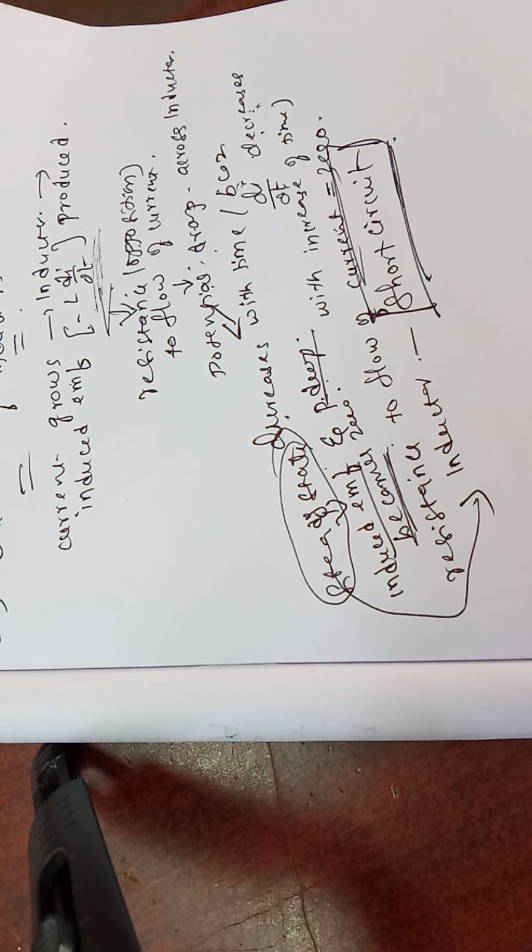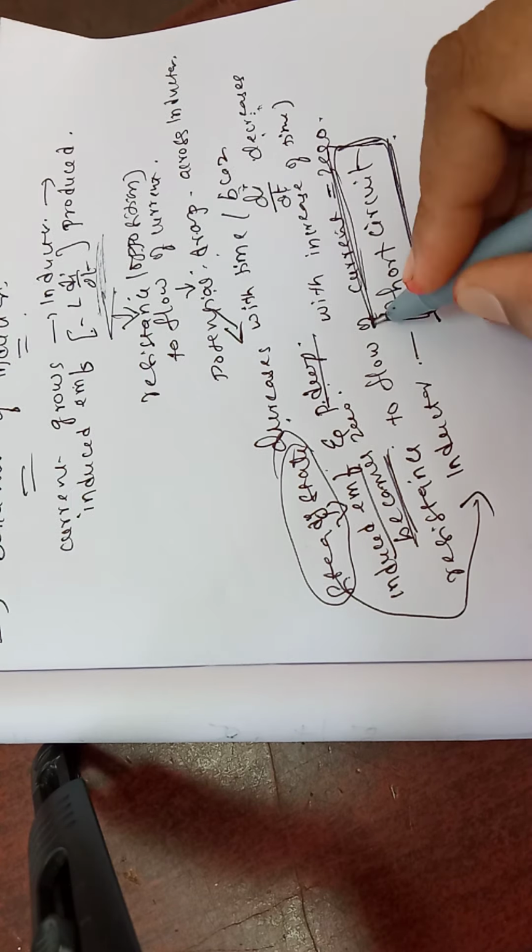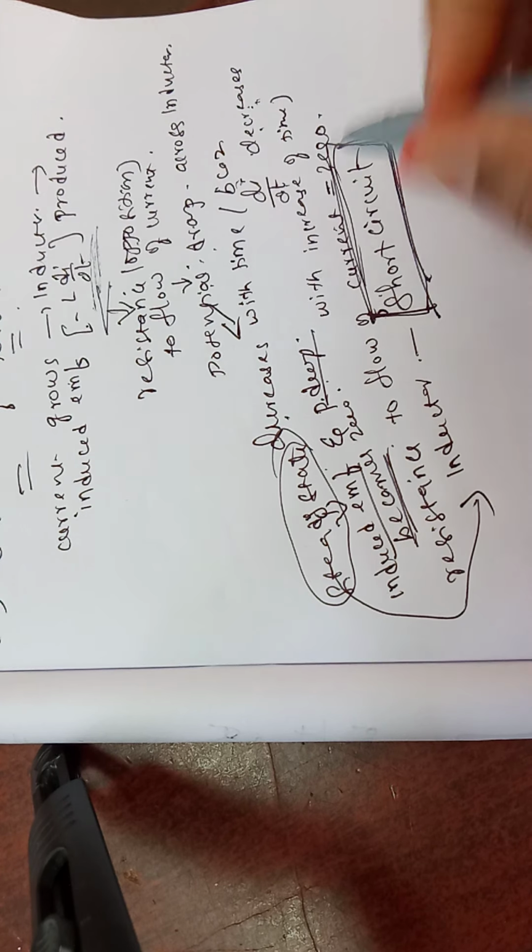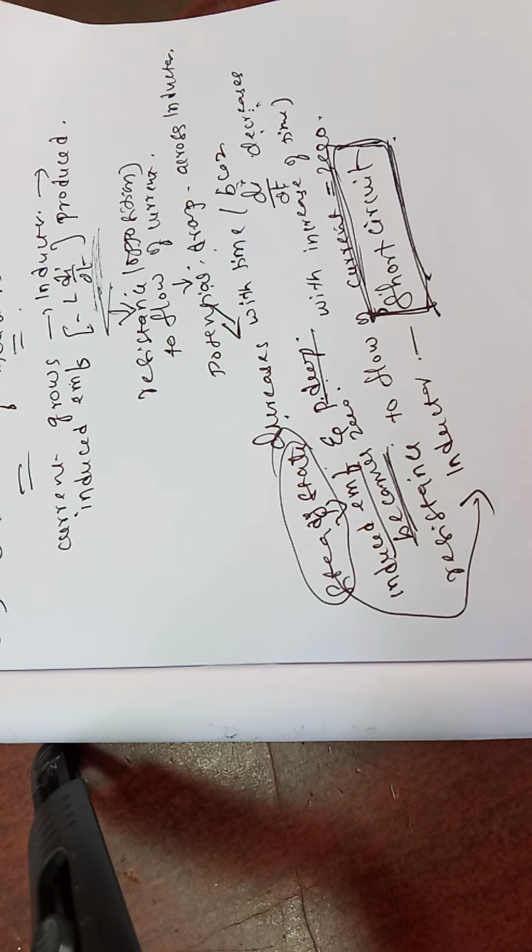Understood the concept? As time increases, the potential drop decreases, and at one particular state the induced EMF as well as the potential drop both become zero. So there is no resistance to the current flow, and a maximum current flows through the inductor. So in steady state, the inductor behaves like a short circuit. This is the behavior of the inductor while current is growing in the circuit.